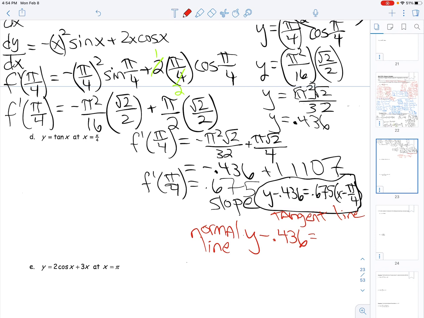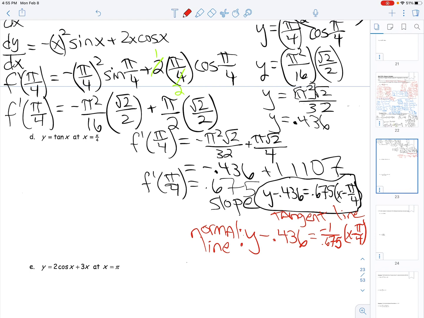Because if it's perpendicular to the tangent line, all you got to do is take the negative reciprocal slope. You remember? Perpendicular lines have negative reciprocal slopes. So you just take the negative reciprocal here of 0.675.